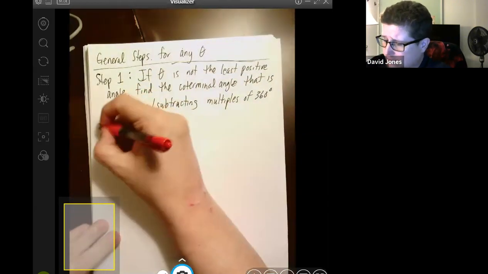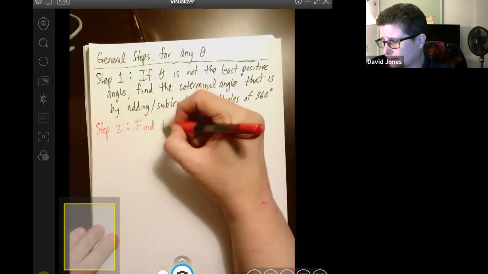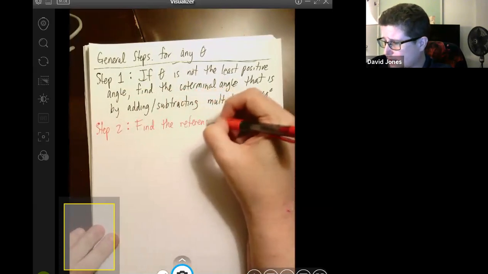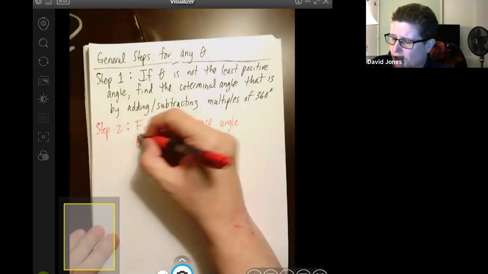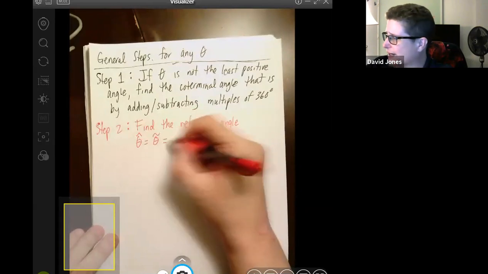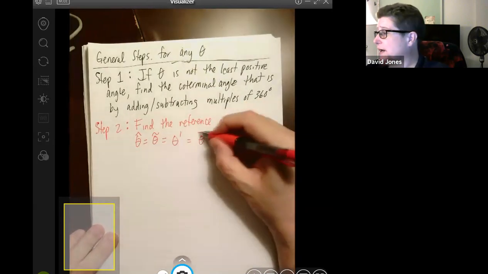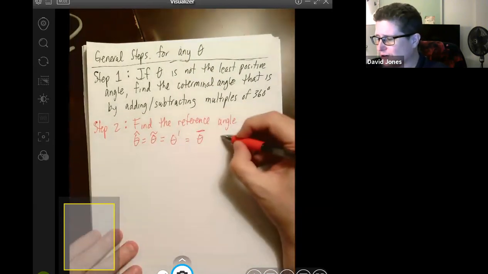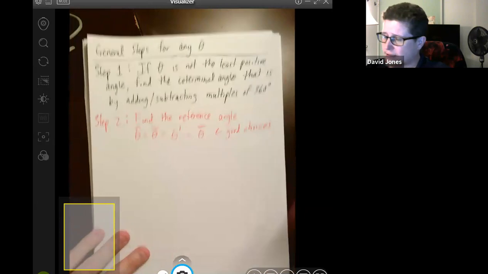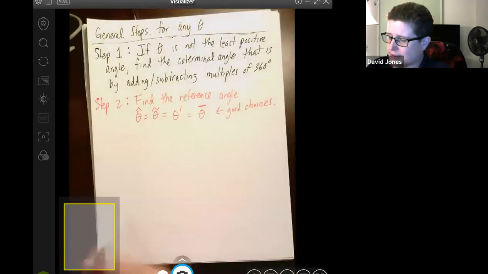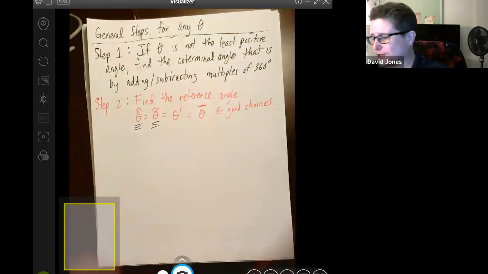Step 2. Find the reference angle. I don't care if you call it theta hat, theta tilde, theta with a dash. Some people even do theta bar. All of these are good runners up, good choices. We're going to use this one. Every once in a while, I slip and use that one. So those are the two I use.